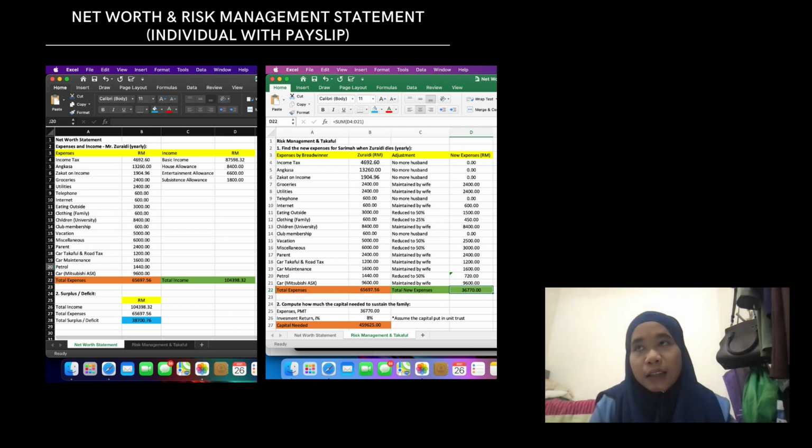Meanwhile, the yearly expenses accumulated are 95,997 ringgit and 56 sen for various things. As a result, Mr. Zuraidi has a surplus, which is 38,700 ringgit and 70 sen.